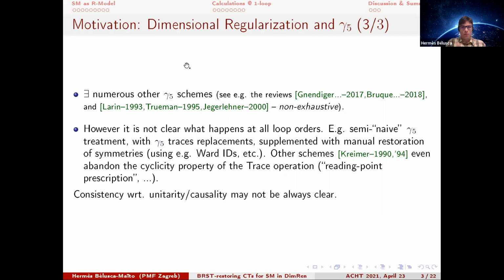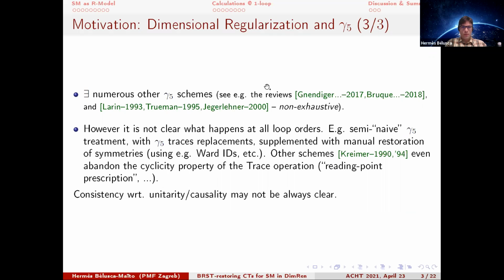So as Maria already said, we know that this BMHV scheme may be complicated because we will get evanescent singular counterterms. We will get new finite counterterms we need to introduce in order to restore the BRST symmetry. And so people have thought about other gamma-5 schemes. There are a lot of alternative schemes, and for instance, in these reviews, they are discussed.